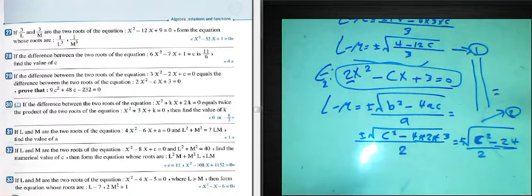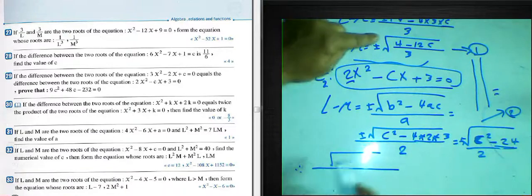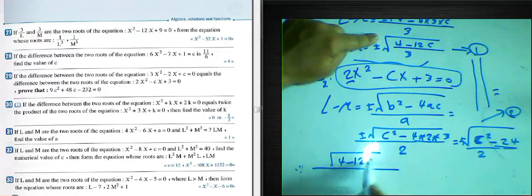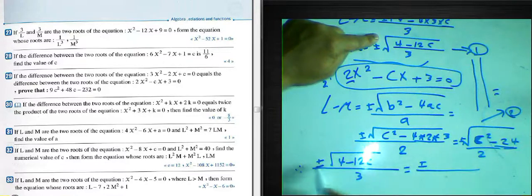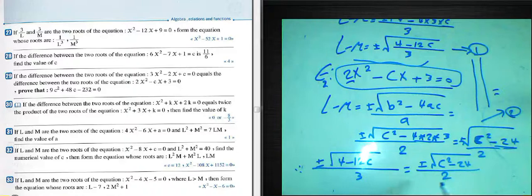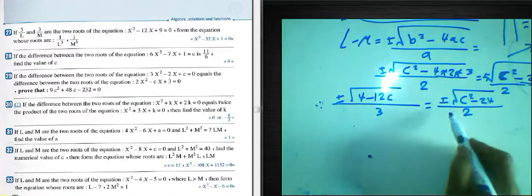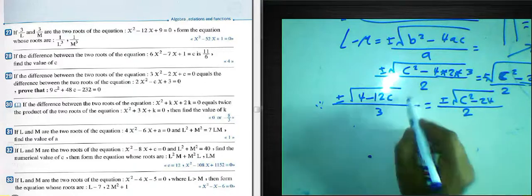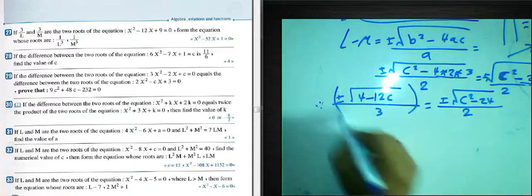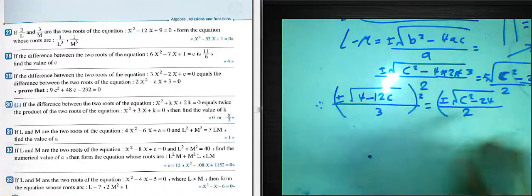We know relation 1 and relation 2 will be equal. Then we will write the first equation, root of 4 minus 12c over 3, equal to the second relation, root of c squared subtract 24 over 2. We will write power 2 on all parentheses here.